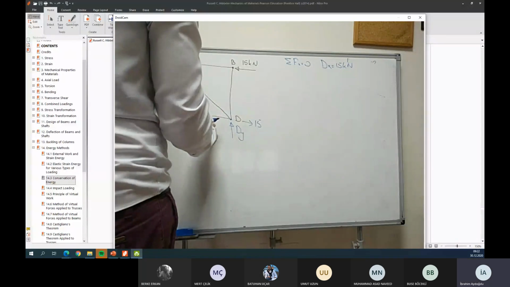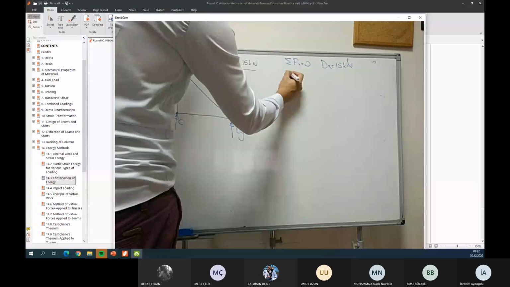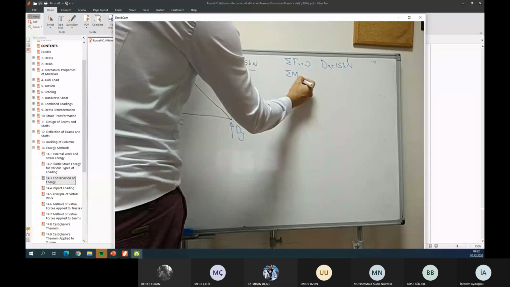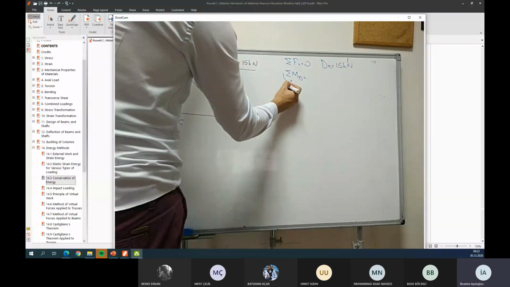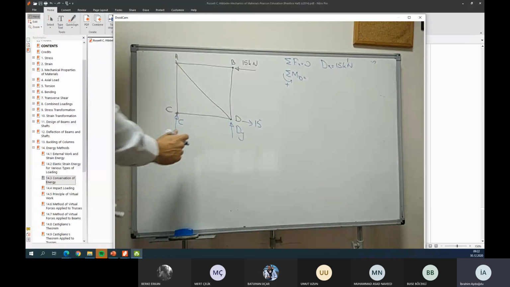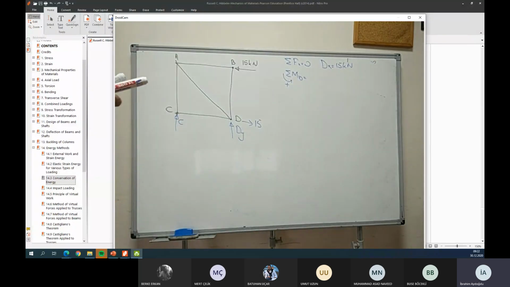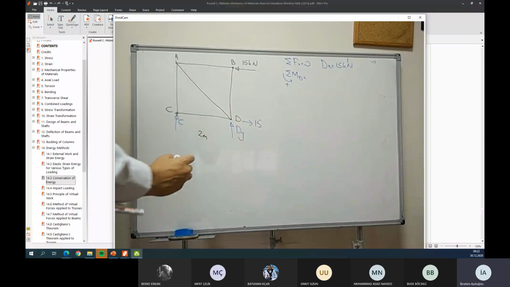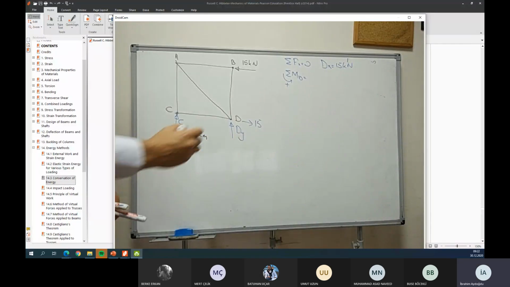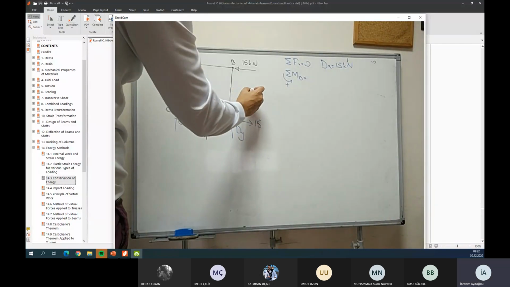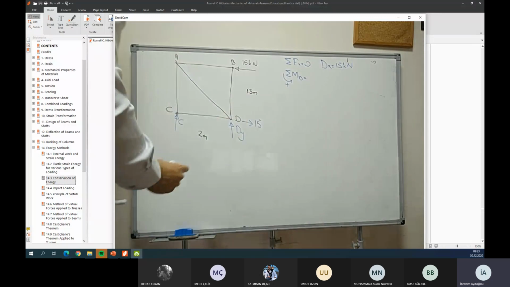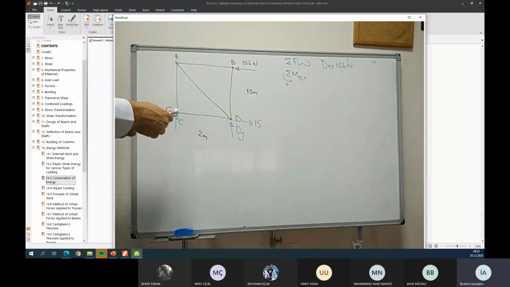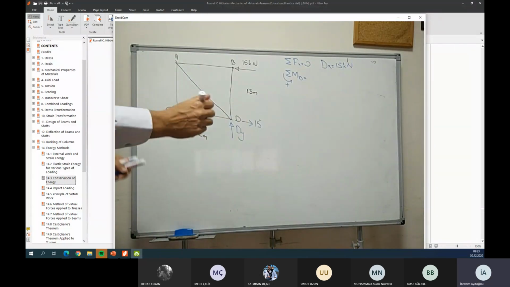And so I need to compute again. I need to take the moment about D. I take counterclockwise as positive. What are the dimensions in here? This is 2 meters, and this is 1.5 meters.